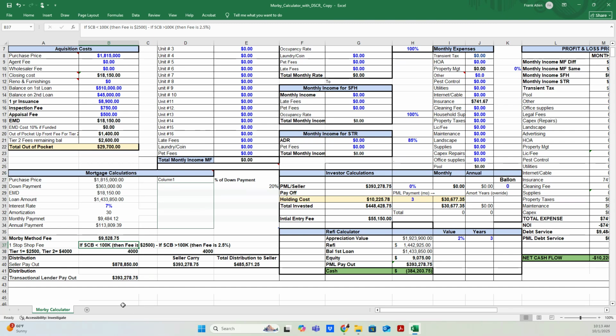Down here, we'll show also, if you're borrowing less than $100,000, there's a little thing here that says if the seller carryback is less than 100, then there's a flat fee of $2,500. If it's over 100,000, then it's multiplied by 0.25%.